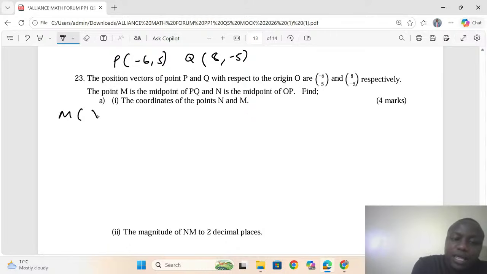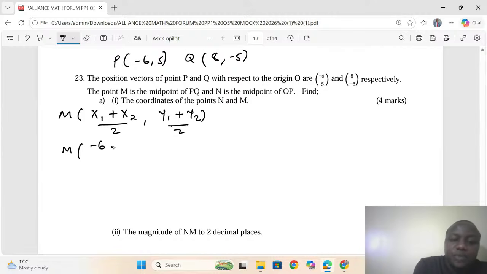Midpoint is given by the first x plus the second x, divided by 2, and the first y plus the second y, divided by 2. That is the coordinates of the midpoint. So we need (-6 + 8) over 2, and (5 + -5) over 2.